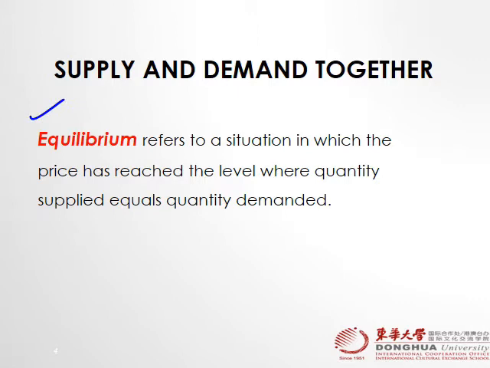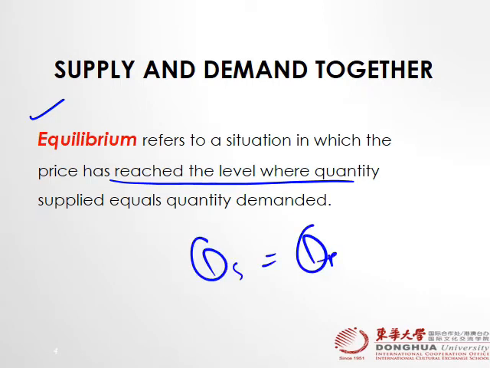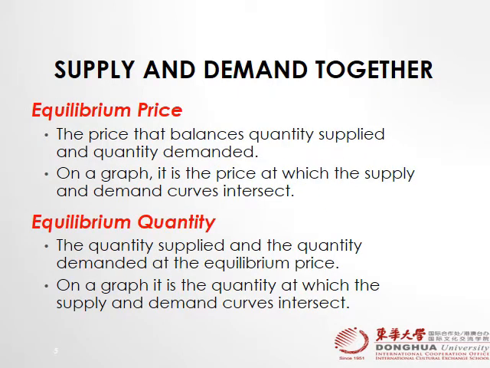And now supply and demand together. So what is equilibrium? Equilibrium refers to the situation in which price has reached a level where quantity supplied equals quantity demanded. So let's explore this one. The equilibrium price is the price that balances quantity supplied and quantity demanded.